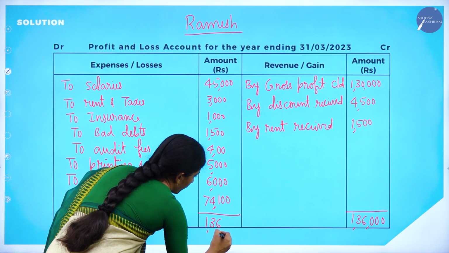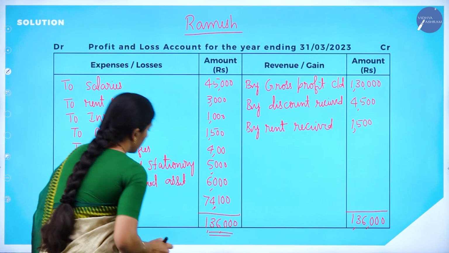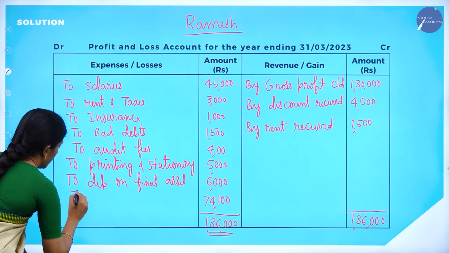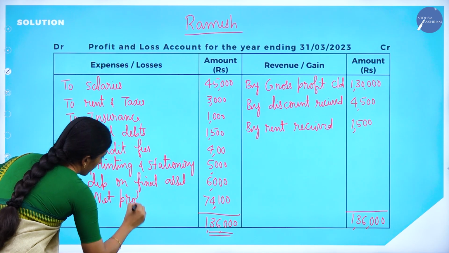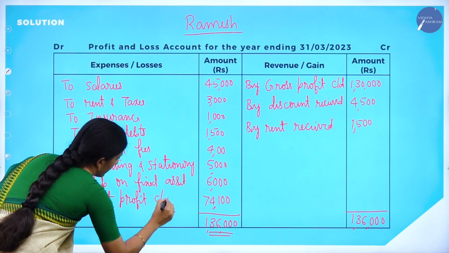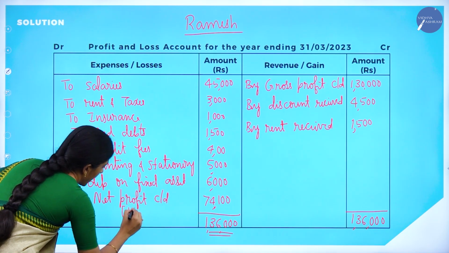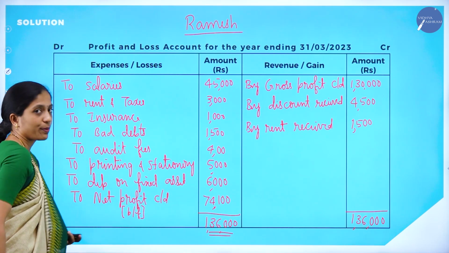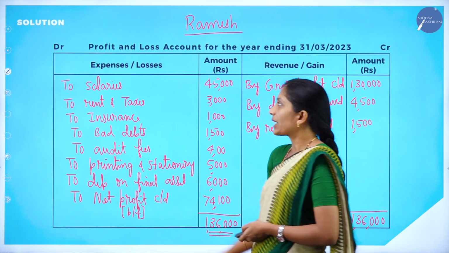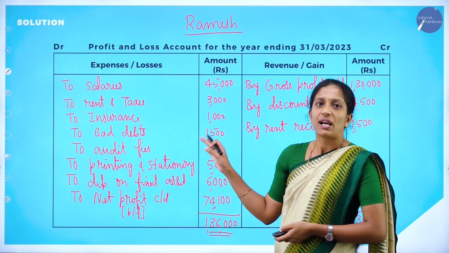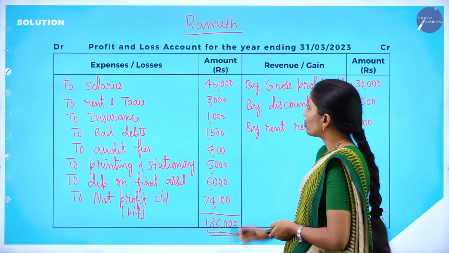So our net profit is correct. So how do you write the balancing figure? To net profit carried down, and this is a balancing figure which has to be transferred to the balance sheet. So hope you are clear about this problem, 6 marks problem. So you can go through this.